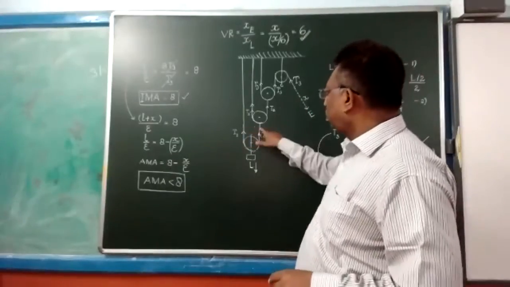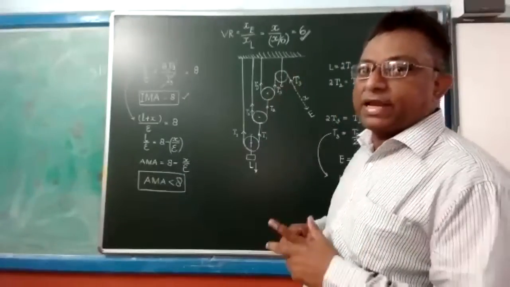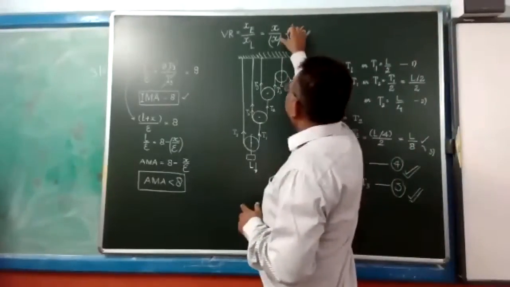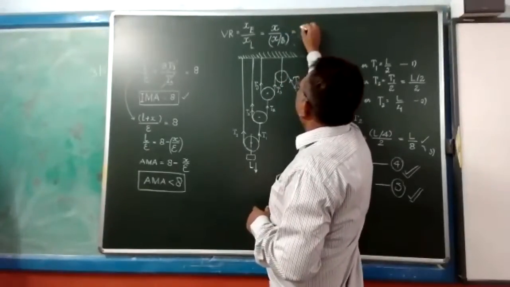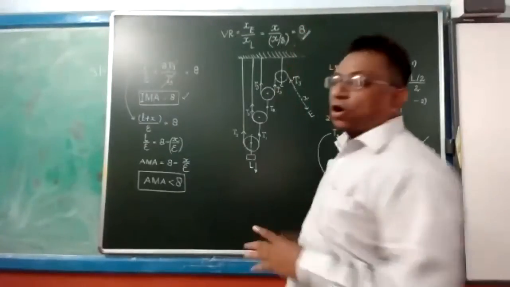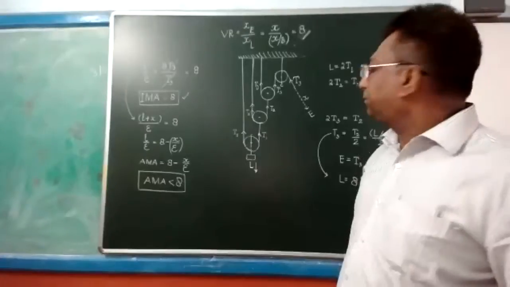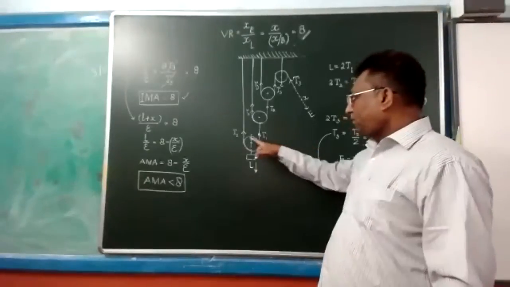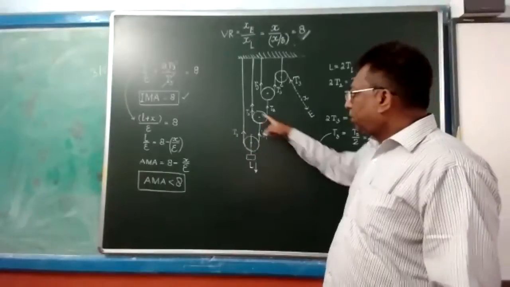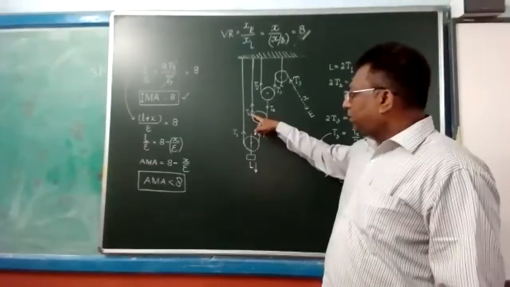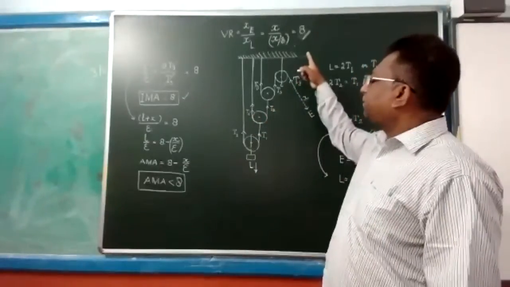Yes, 1, 2, 3, 4. Yes, you are telling correct. It should be x by 8. Now got the point? It is absolutely correct.